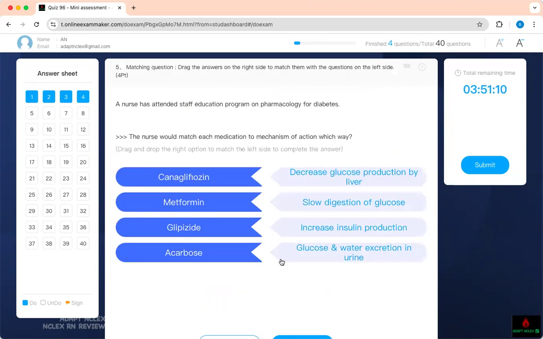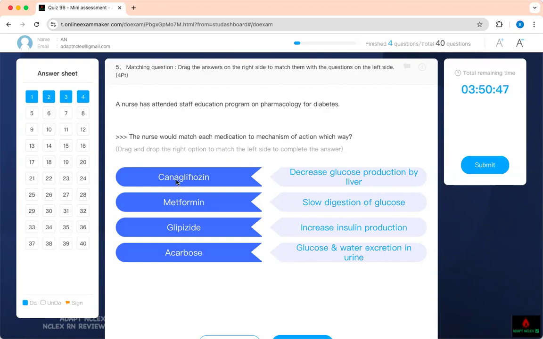This is also content. The nurse should match each medication to its mechanism of action. What is the question? A nurse has attended a staff education program on pharmacology for diabetes. This is a short pharmacology of diabetes and mechanism of action.